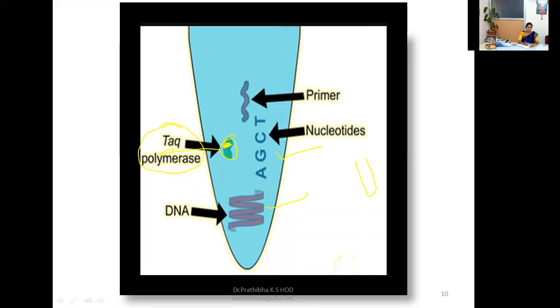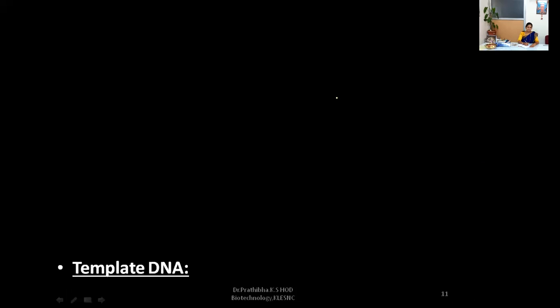Now I mention here Taq polymerase, or you can also say Taq DNA polymerase. So keep in mind, this thermal cycler extension of synthesis will be carried out in the presence of Taq DNA polymerase. And this is the single-strand primer. So these are the requirements to perform polymerase chain reaction.